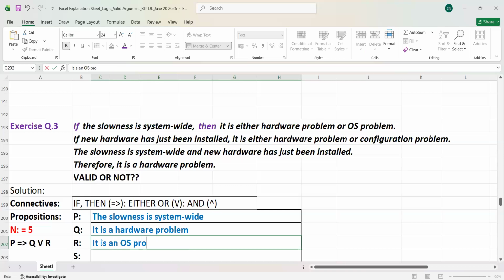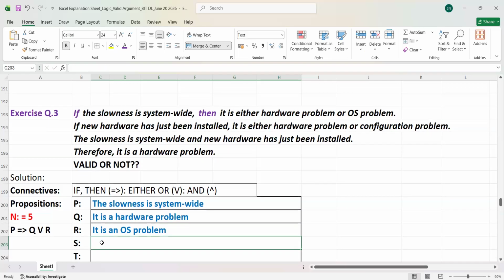Okay. Now let's go to the second line. You remove the word if. What is the next proposition? New hardware has just been installed.